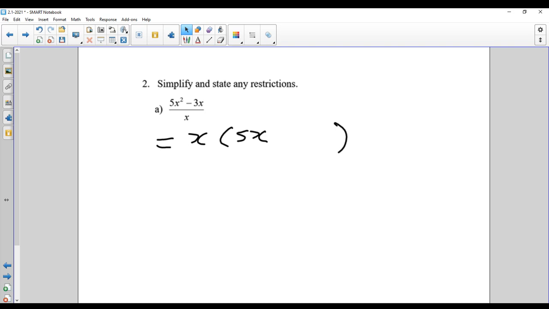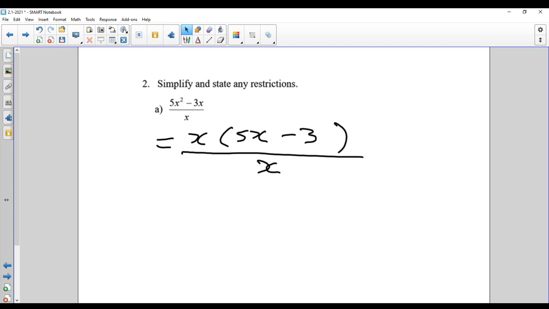And how about the minus 3x divided by x? Close, but it's not positive 3 though. It's negative 3. So we've factored. And it's still over x. That doesn't change. We're still dividing by x.